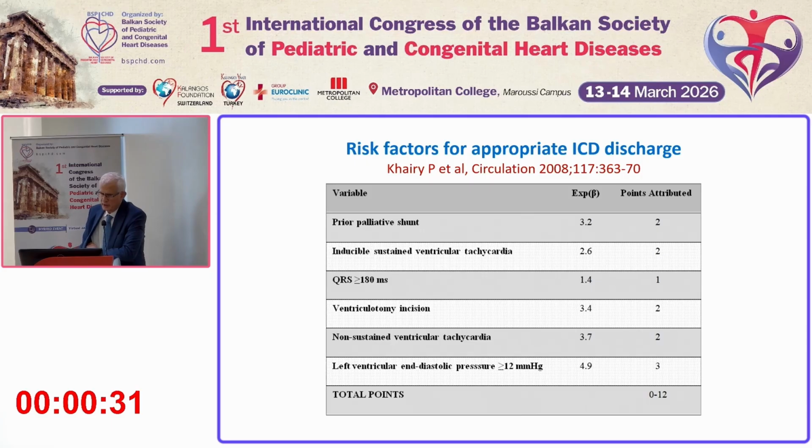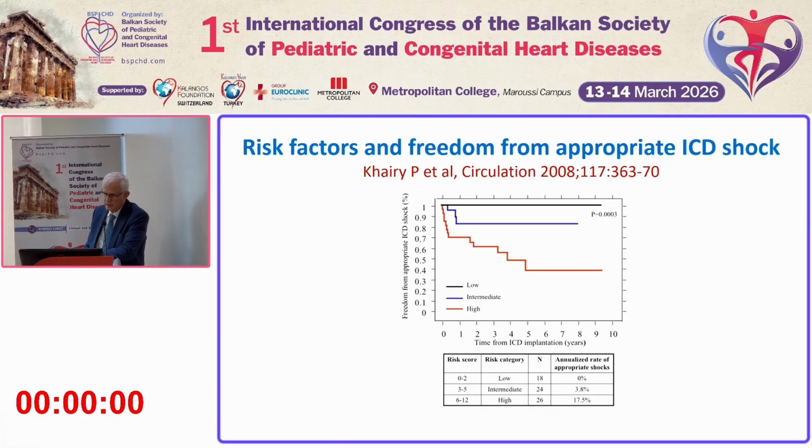There have been multiple publications on the risk factors of ventricular arrhythmias. One of the first ones was this study by Paul Khairy, showing that these factors, which include prior palliative shunt, inducible sustained ventricular tachycardia, QRS duration, ventriculotomy, evidence of non-sustained VT, and left ventricular diastolic pressure more than 12 millimeters, could create a risk score.